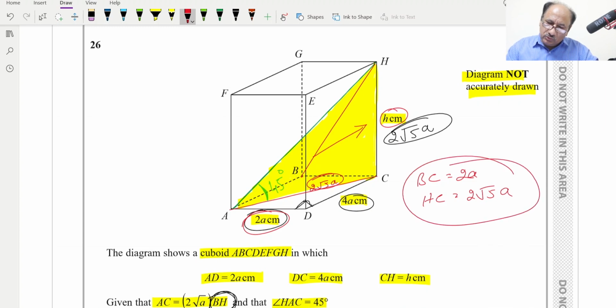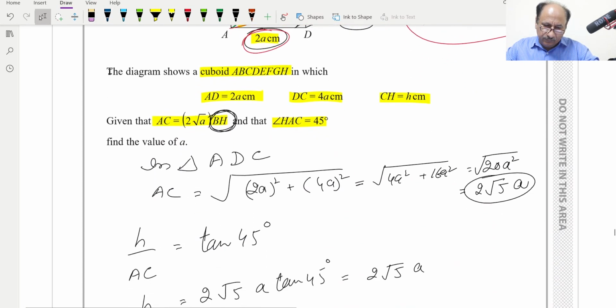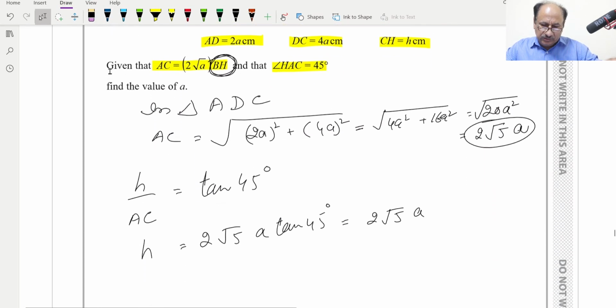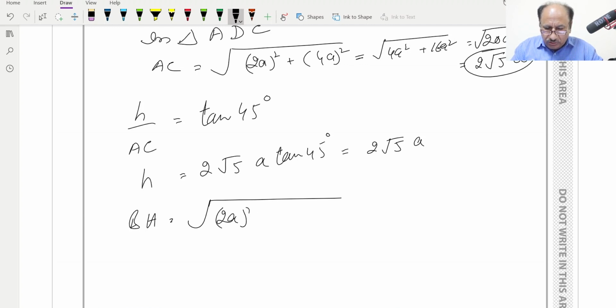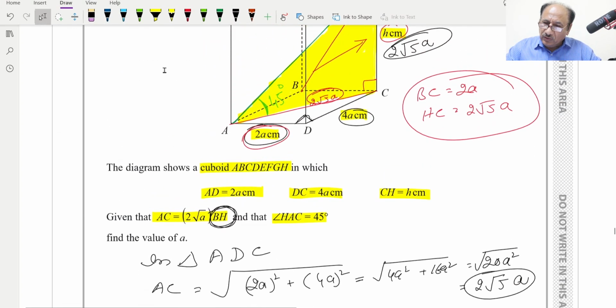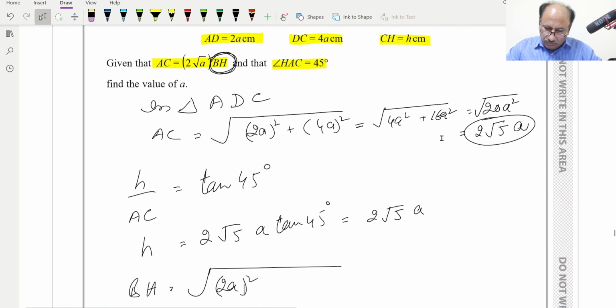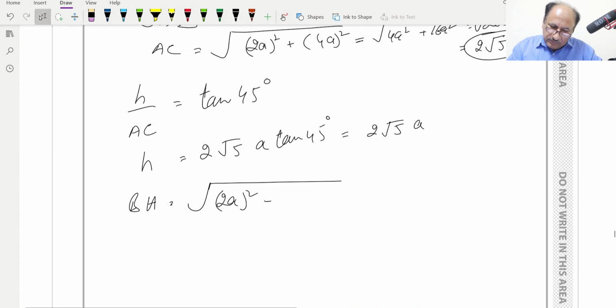So using these two and applying Pythagoras theorem, because this is a right angle triangle, we can write BH is equal to what? BH is equal to the square root of (2A) squared, BC squared, plus (2 under root 5A) whole squared.